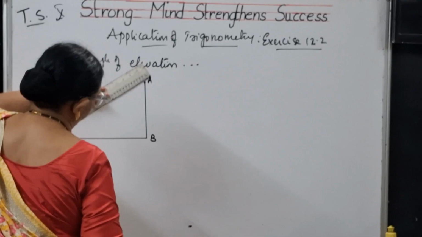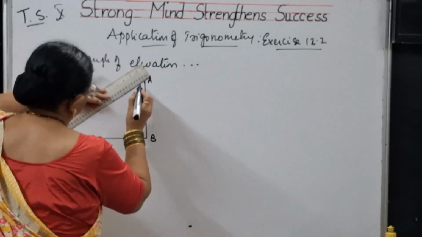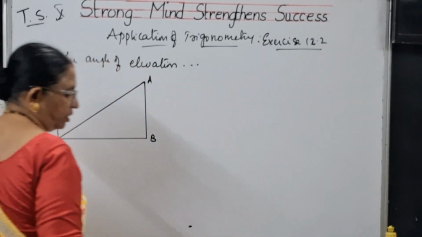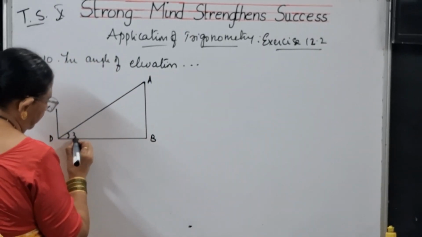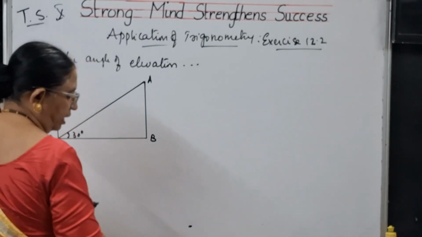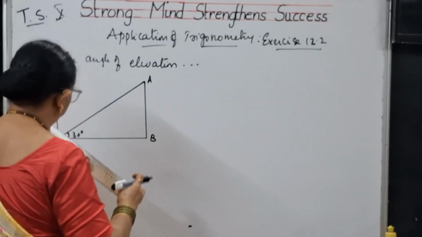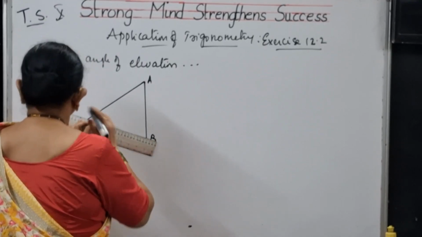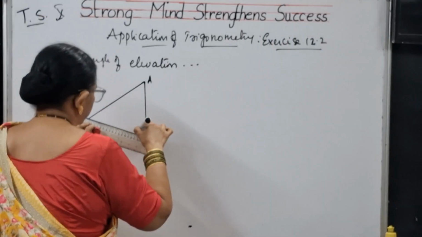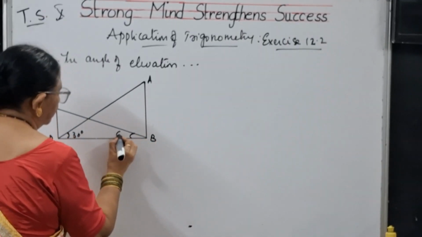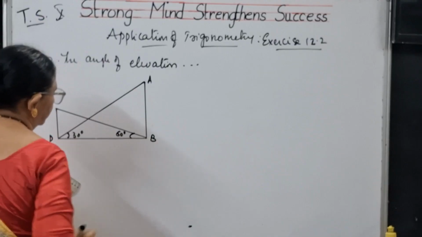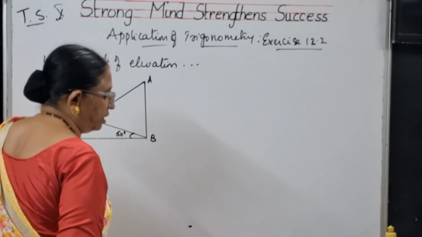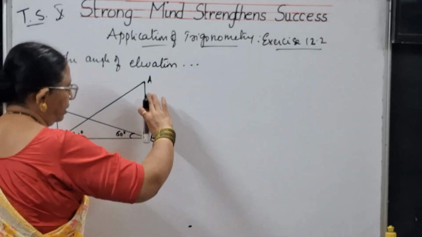The angle of elevation of the top of the tower from the foot of the building is 30 degrees, and the angle of elevation of the top of the building from the foot of the tower is 60 degrees. This angle is 60 degrees. Now the question is, what is the ratio of heights of the tower and the building?